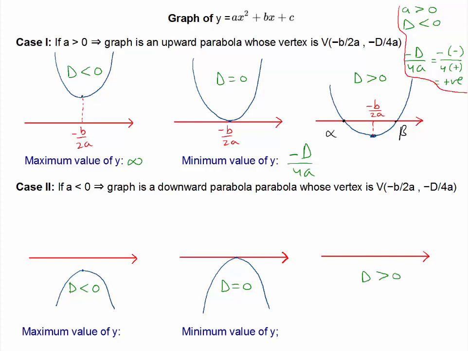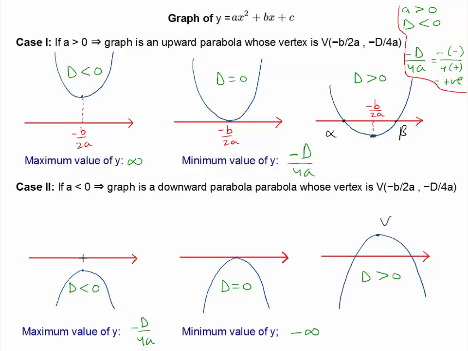Now if D is greater than 0, then the vertex will be above the x-axis and a downward parabola, this being the vertex V. Now again, a similar analysis: the maximum value of y in this case would be minus D by 4a, which is the y-coordinate of the vertex, because that is the maximum height you can get in all three cases. The minimum value of y would be minus infinity, because the graph goes till minus infinity.